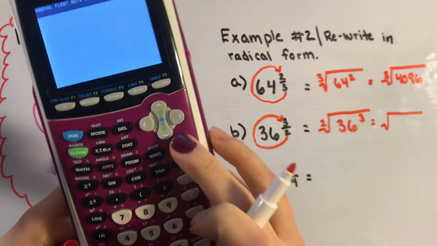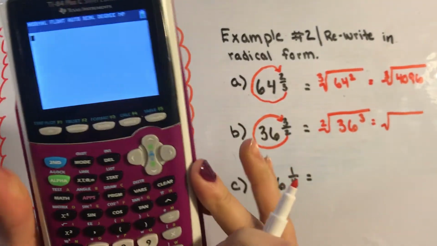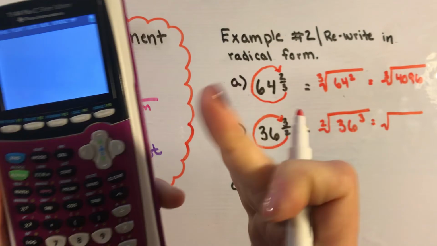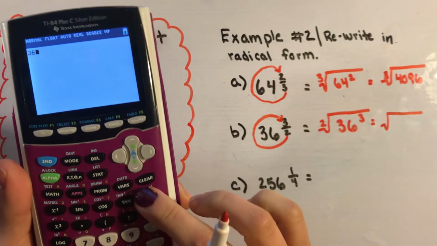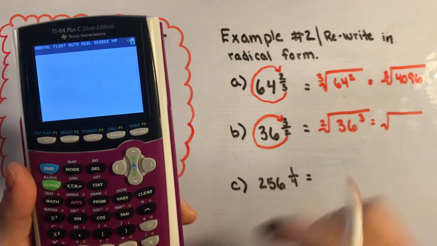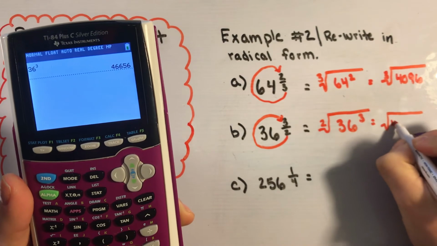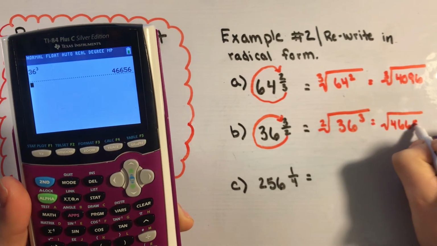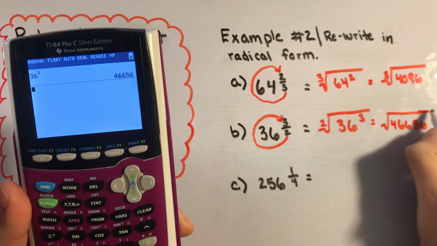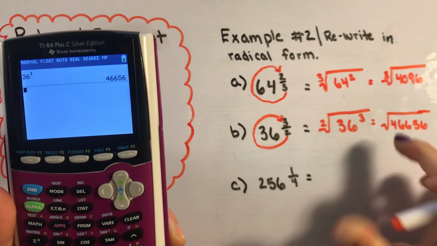It's kind of like writing a 1 in front of an x. You don't have a 1x, you just have x. So 36 to the power of 3 is 46,656. And then later we're going to simplify.